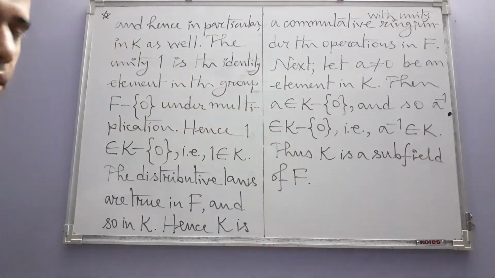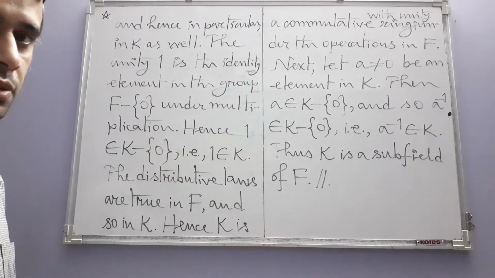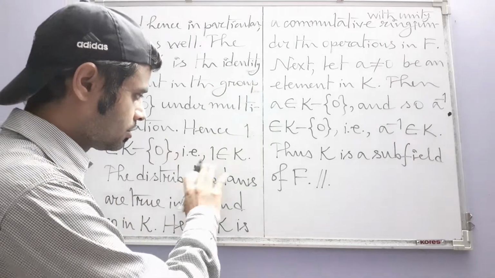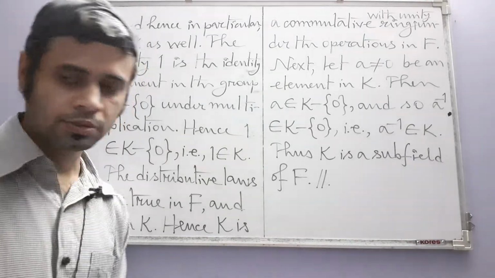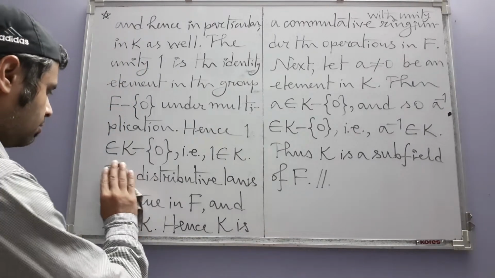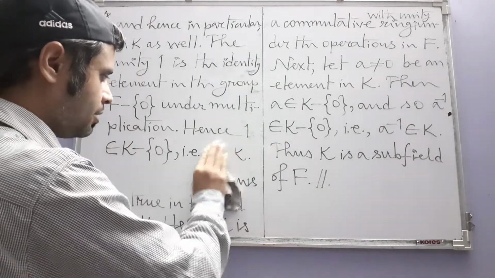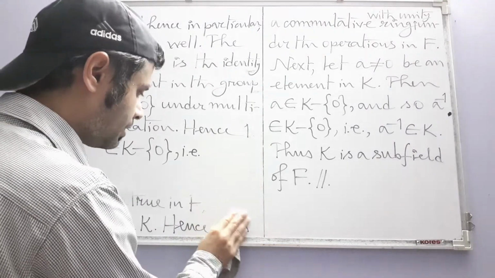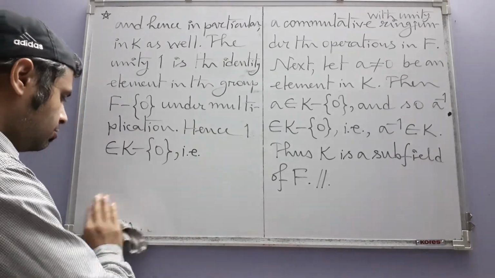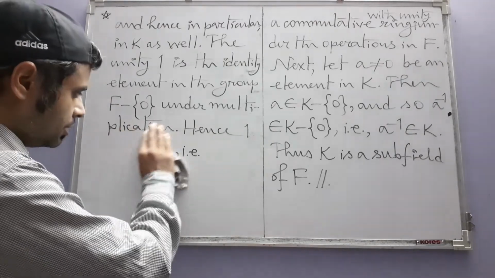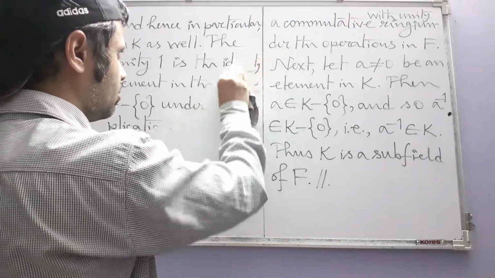So this is our subfield test. And now we can conveniently use this to show that some subset of a field is a subfield. It can sometimes be used to show that a system is a field, because if you simply use the definition of a field every time, you need to show that it's a commutative ring with unity in which this and that happen, then it becomes long.